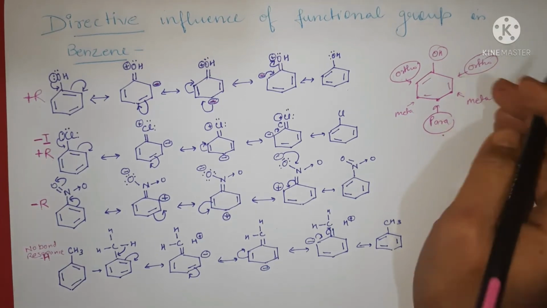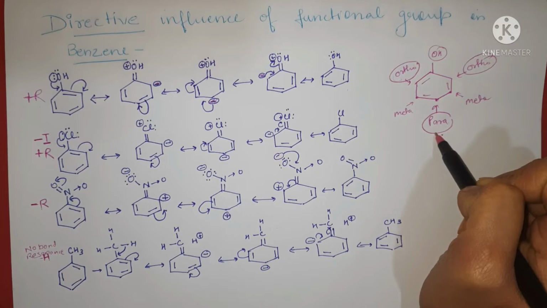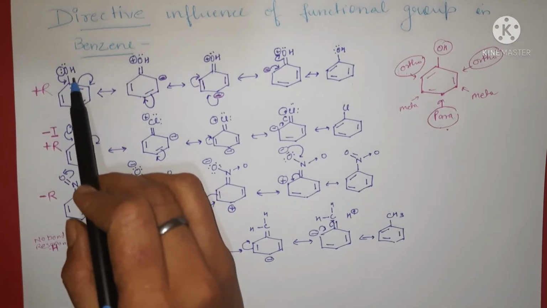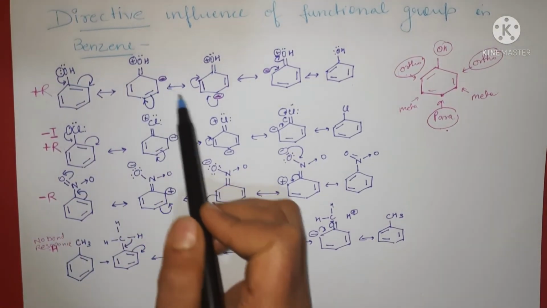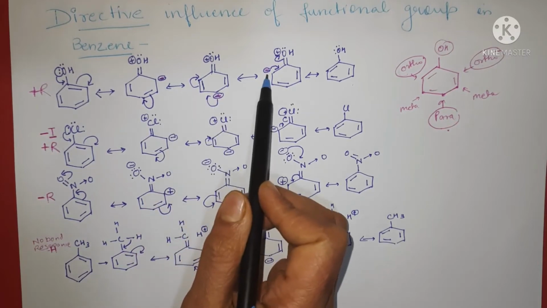And if there is a decrease of electron density on ortho and para positions, that group we call it as meta-directing group. So here you can see that this OH group increasing the electron density on ortho and para position. Ortho, para, ortho.